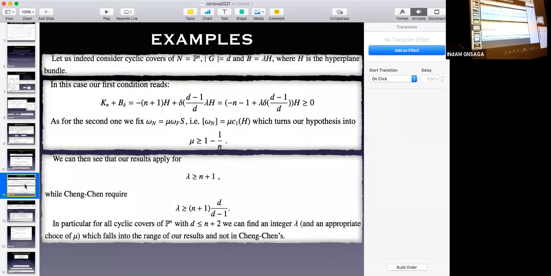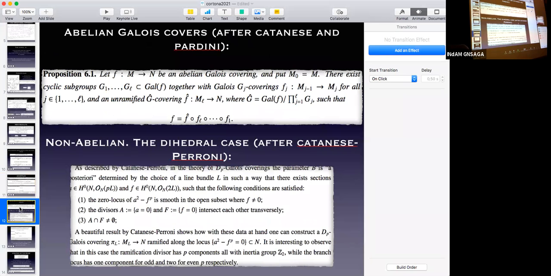Now, when we pass from cyclic to more complicated covers, again there is an obvious staircase of complexity. From cyclic, you pass to general abelian covers. This is something I should point out: it's highly non-trivial to answer the question whether there is a cover. If you give me a projective manifold and a group, is there a Galois cover of that manifold with that group?